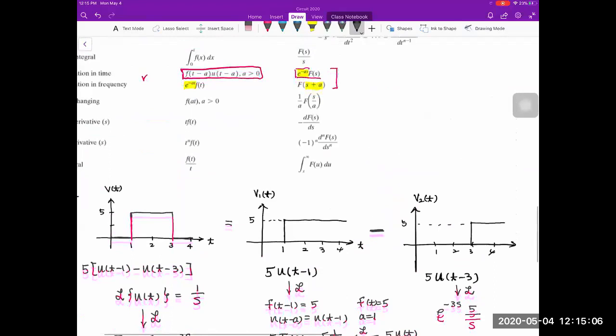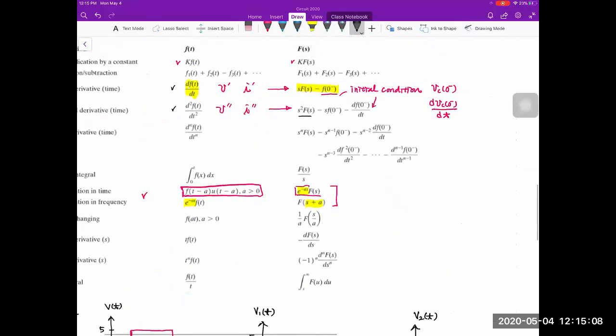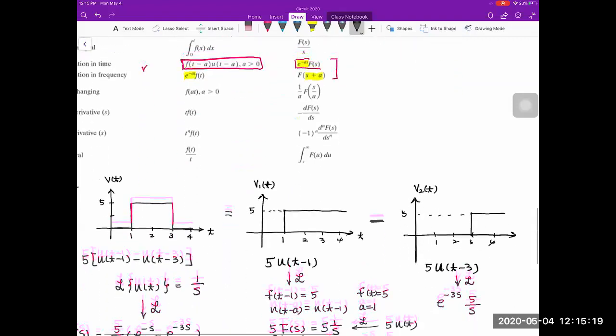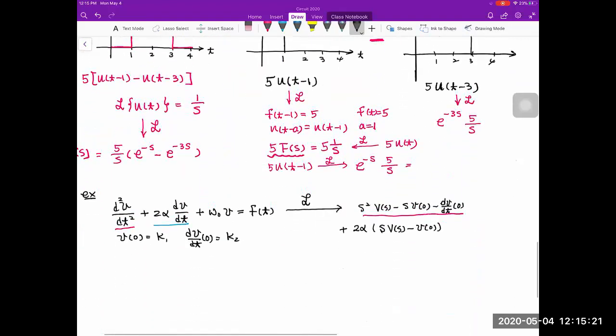Okay, this is the first derivative: s times V sub s minus the first initial condition, that is the v0. And that is the equation of that.